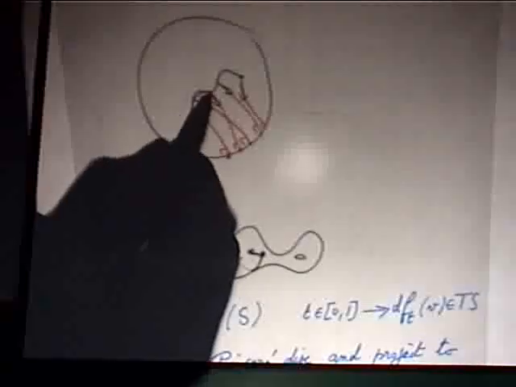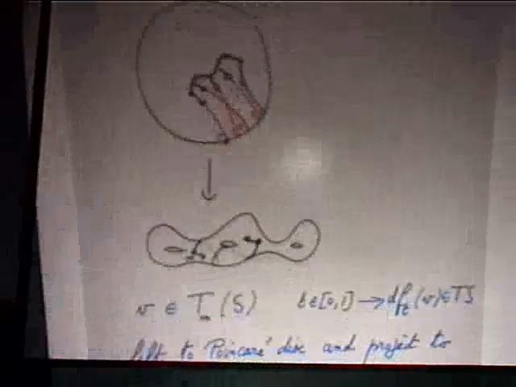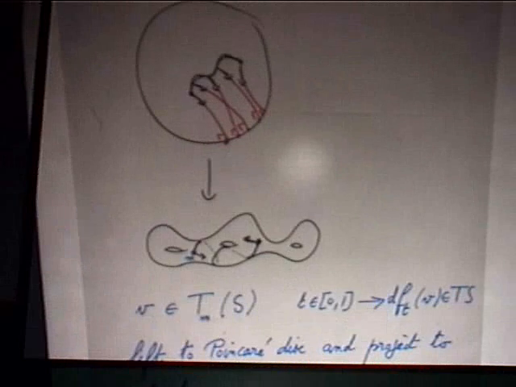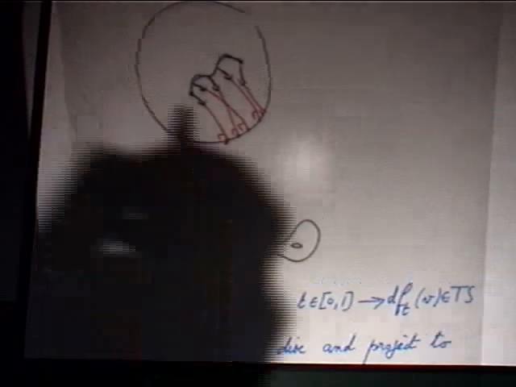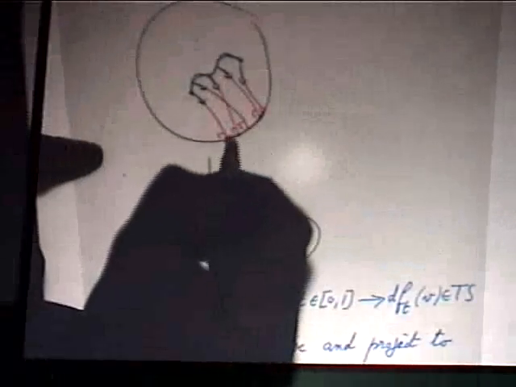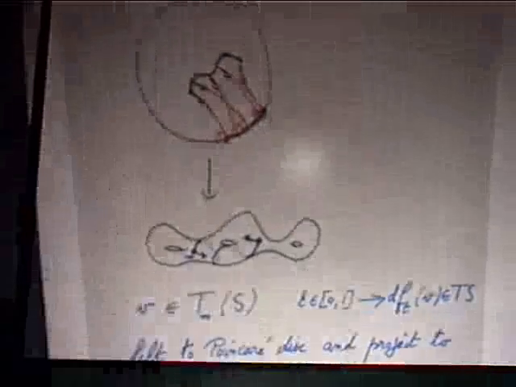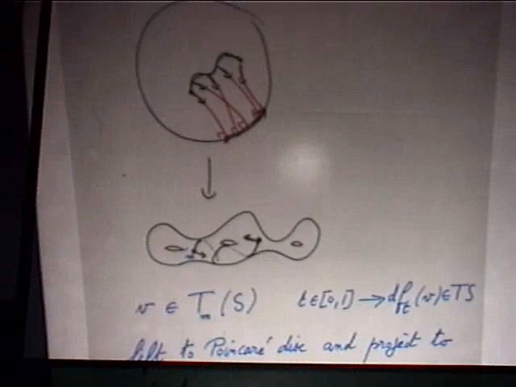When you lift it to the universal cover, you get a curve of vectors on the Poincare disk. And what you can do is that each vector on the Poincare disk, you can map it to infinity using the geodesics. In this way, you get on the boundary of the disk a curve. And this curve might rotate and give a certain number of turns. The number of turns is well defined, again up to 2 pi.